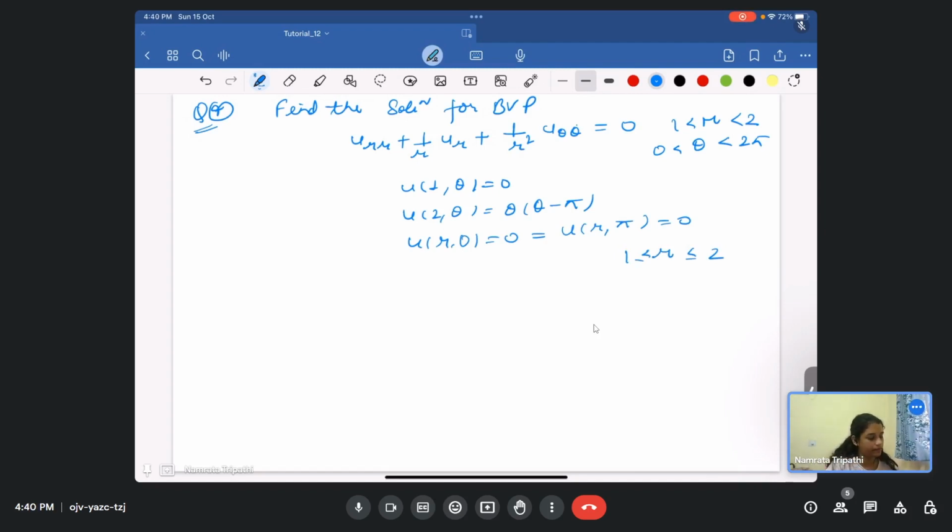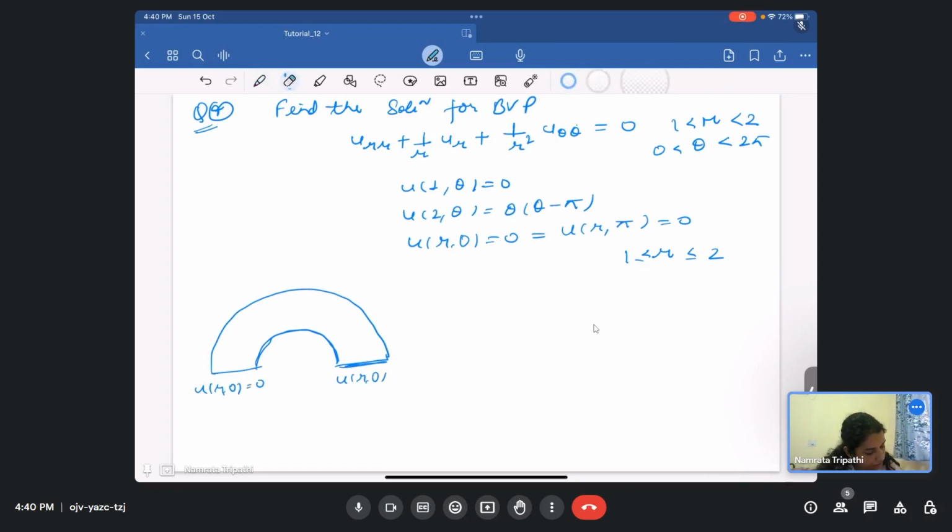So this is a problem of the type: if we draw the region, you will get the sector of an annulus region, where u(r, 0) is 0, and r is given from 1 and 2.